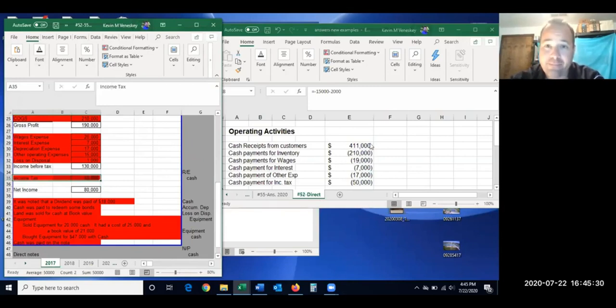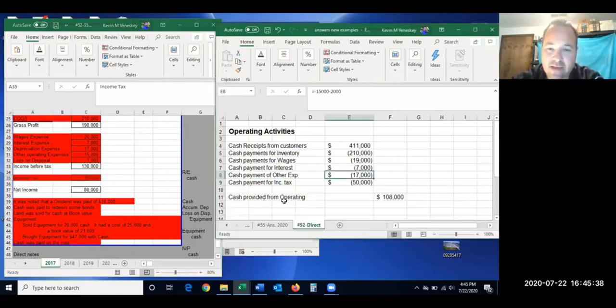Now I'm ready to add it up. And when you add all of these together, you should get that number that we had before, 108,000 as cash provided from operating activities. So that is how we go about it, and that's the only difference from the direct to the indirect.